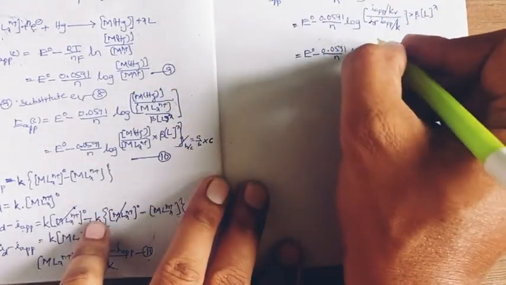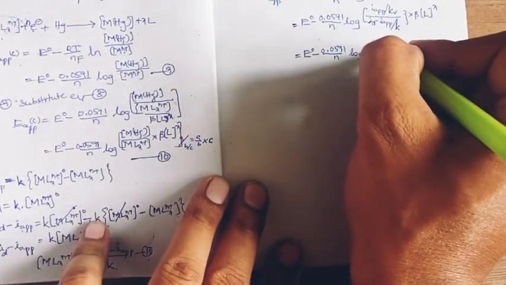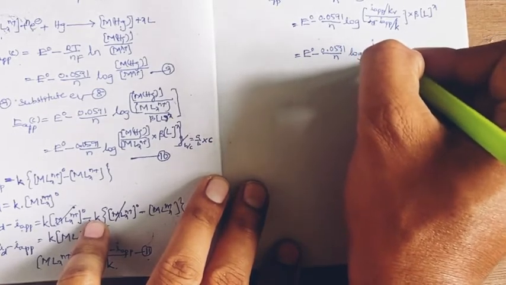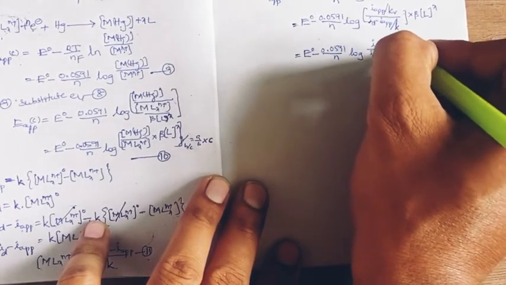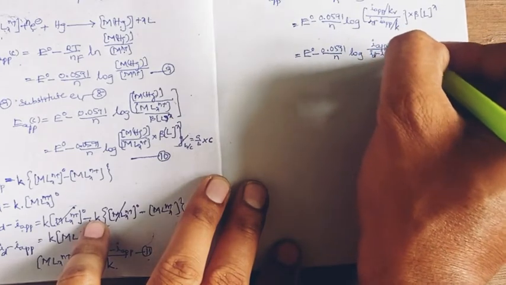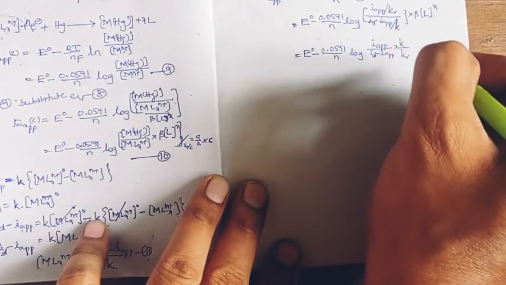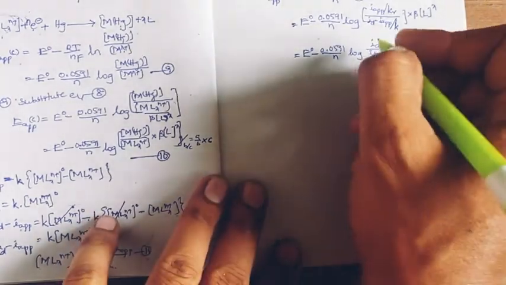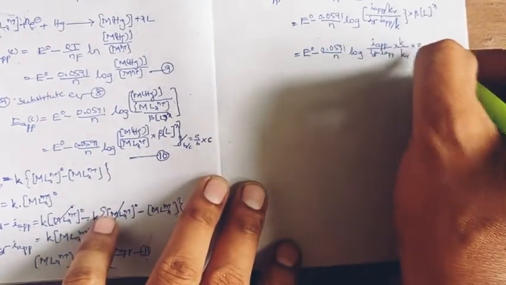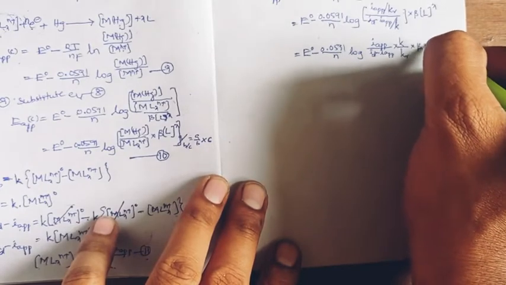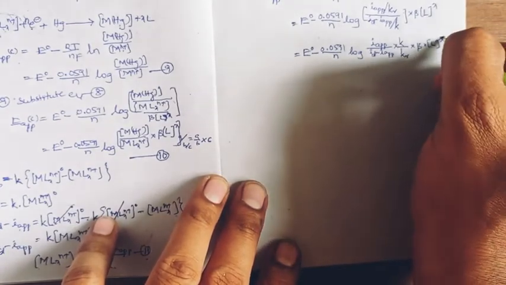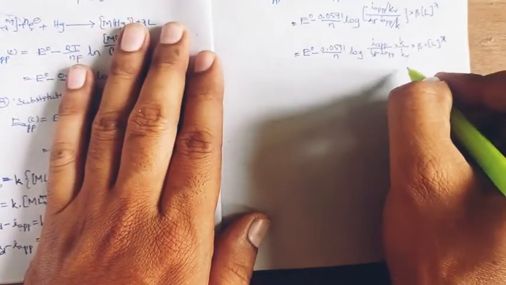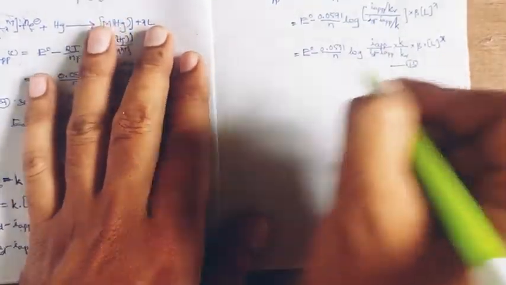Like this in the previous, it will be equal to I applied divided by (id minus I applied) into k/kr into beta into ligand concentration in exponential of x. So this is equation number 13.